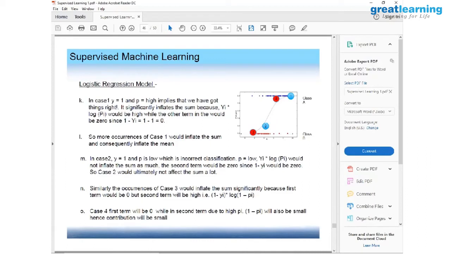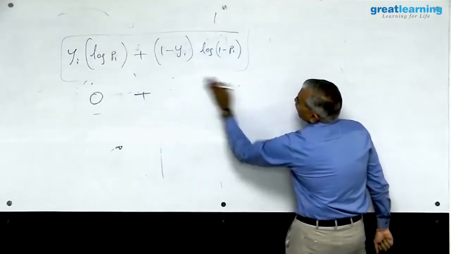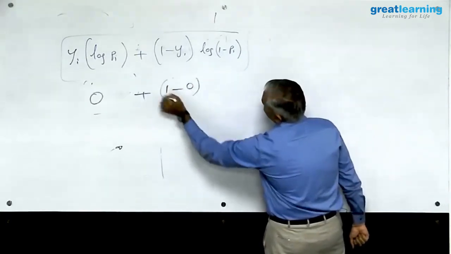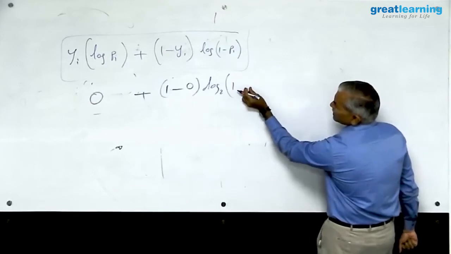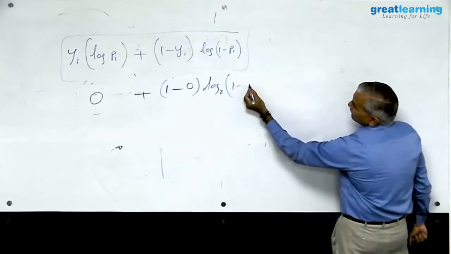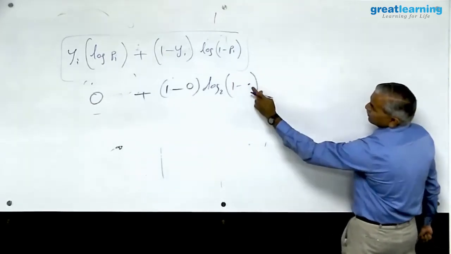Take the red case. This is case number 3, the red case. You know that the guy belongs to the 0th class, the red one, and the model also predicts him to be red class. So at this point for red class, this expression becomes 0. 1 minus 0 is 1 into log to the base 2 of 1 minus a very small number, because the probability here is very small.